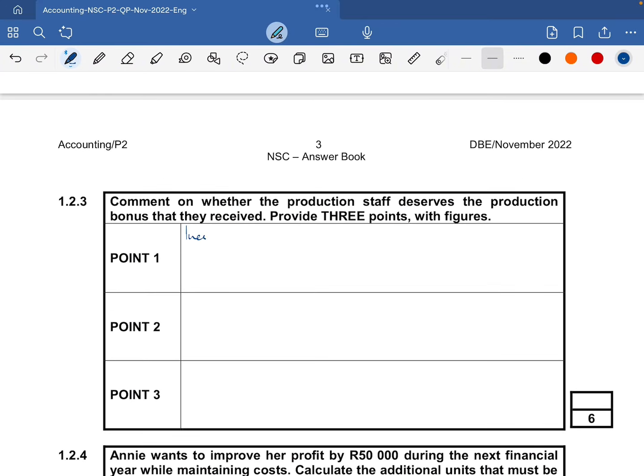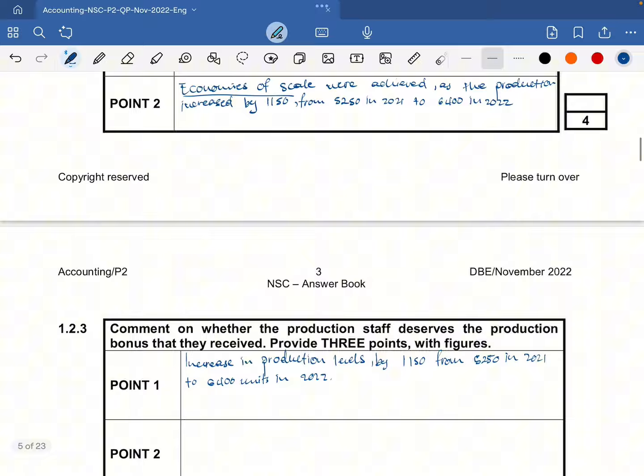So increase in production levels by 1,150, just like we calculated, from 5,250 in 2021 to 6,400 units in 2022. Right, that's the first thing.